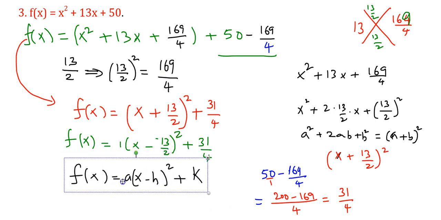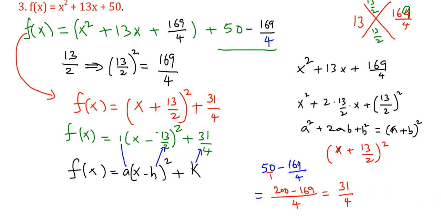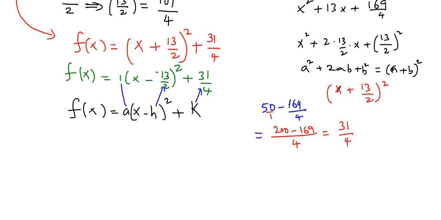Okay, so we have now your a is equal to 1, x and x same, minus sign is matching, h equal to negative 13 over 2, and k is equal to 31 over 4. So even though fractions are involved in this problem, still the whole process is the same.